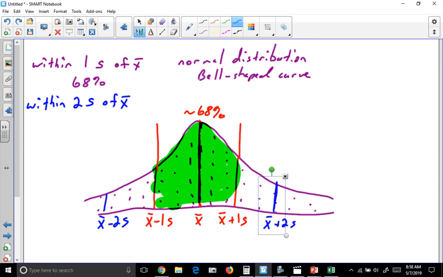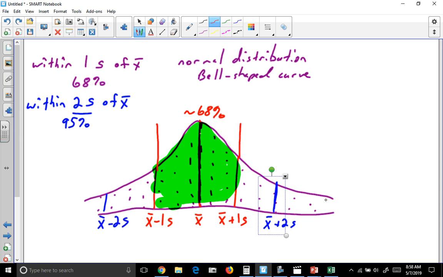It's either at the mean or it's no more than two standard deviations away. So we're told that if we are in that window, we have about 95% of the data. So almost all of your data is going to be within two standard deviations, but not every bit of it.